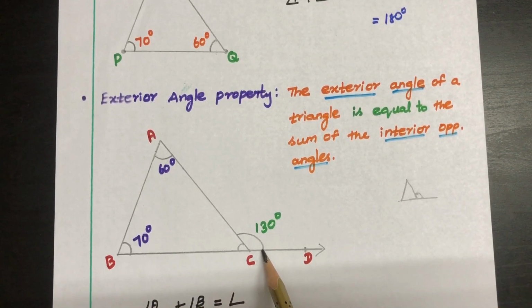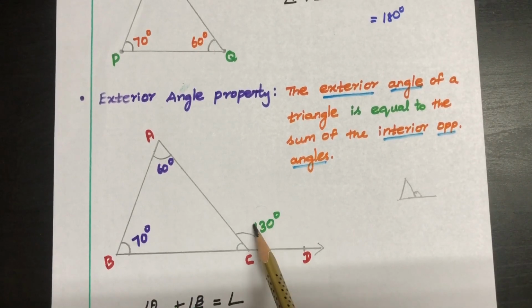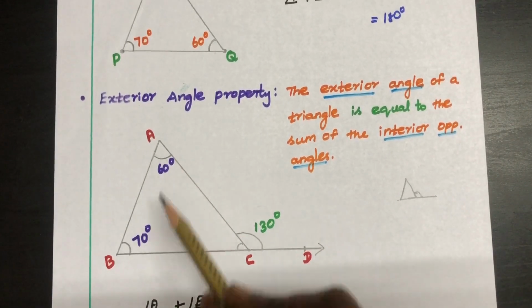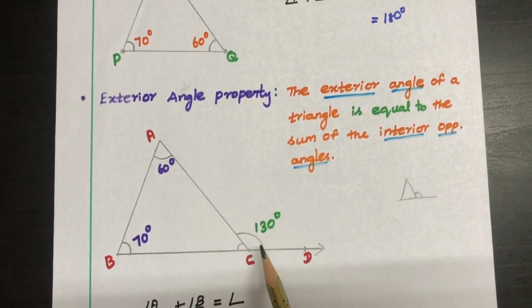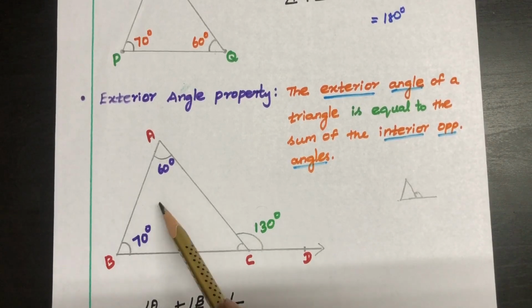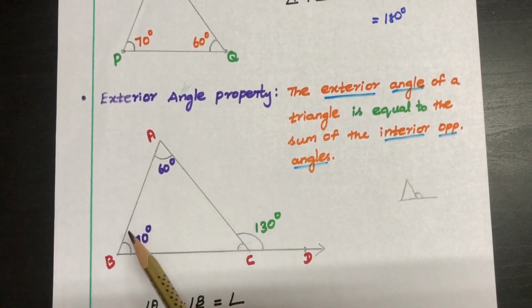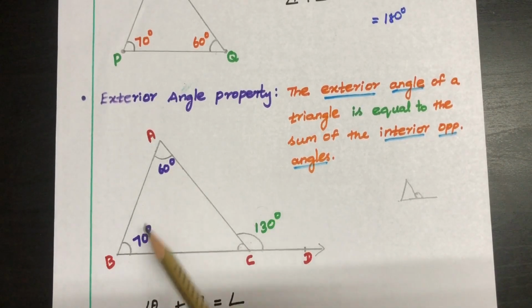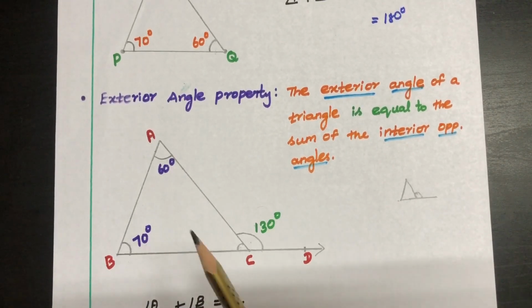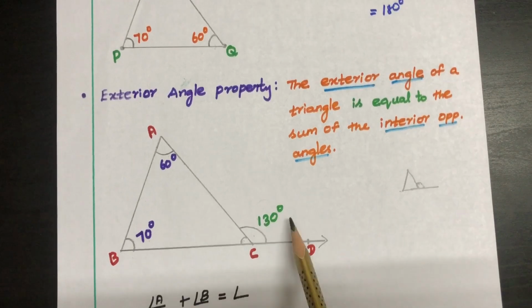The main property is that this angle is equal to the sum of the angles opposite to it. So opposite to this angle are 70 and 60, right? This is the adjacent angle, so don't consider the next angle. Always this angle is equal to the addition of the other two angles on the opposite side. Here 130 degrees. See here.